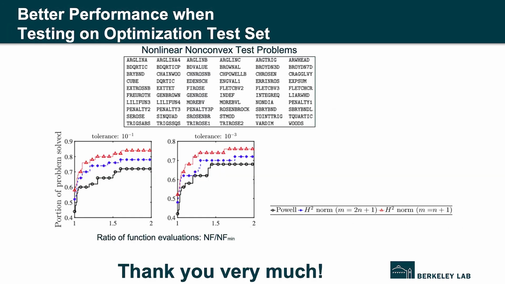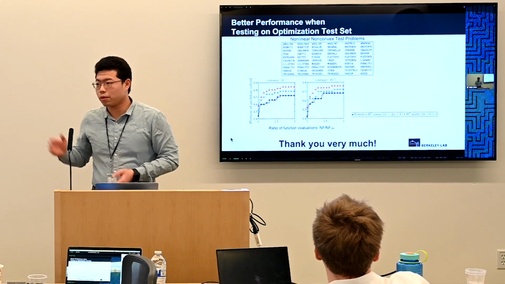And when we solve a large test set, including different nonlinear, non-convex test problems, we can find from the performance profiles that the algorithm using our proposed models has higher curves, which means a better performance profile. All right, that's all.